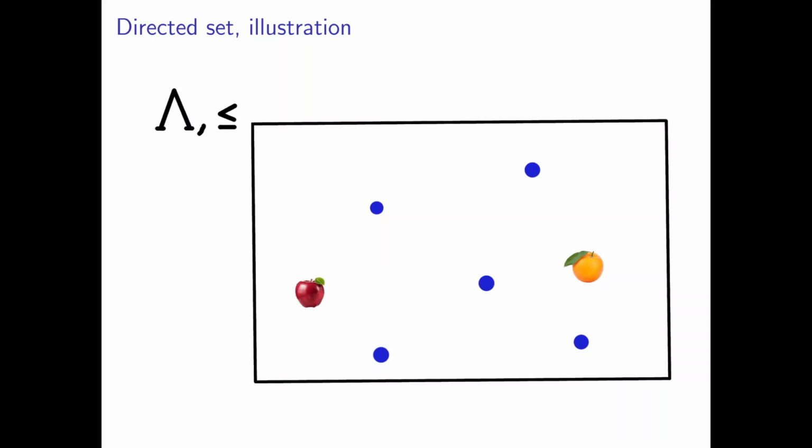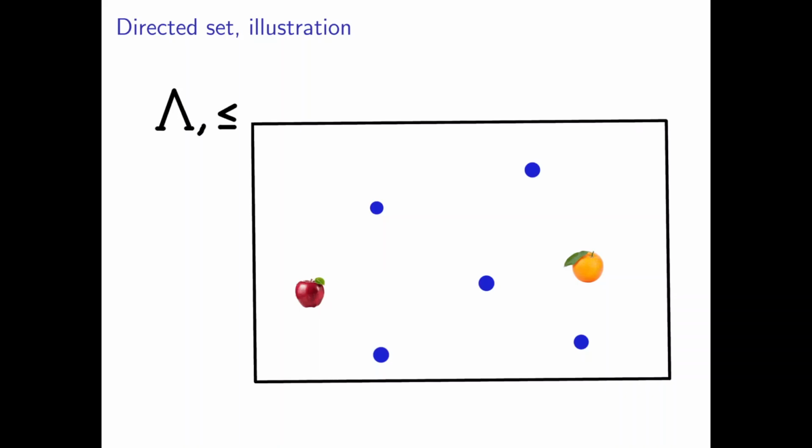So we have our set lambda here with some preorder that we don't really have defined clearly yet, but we can talk about different scenarios for this apple and orange and blue dot set that we have here. Now, if we were to say that this is not a directed set, say that we instead had just that every element has an upper bound, then what are we really saying?